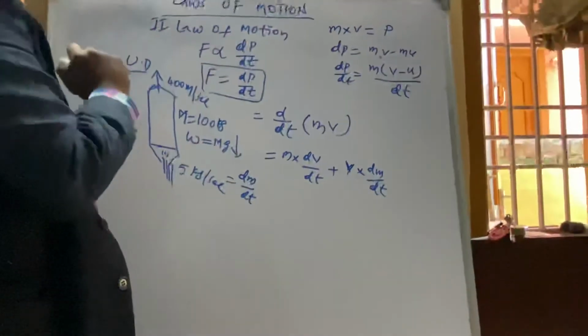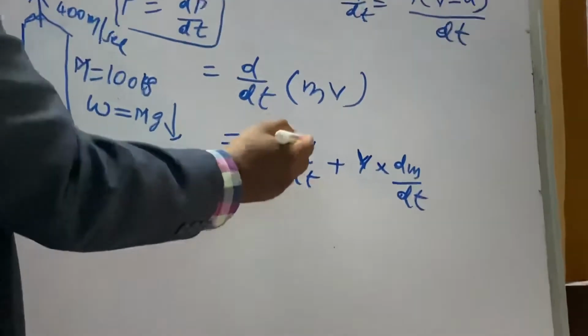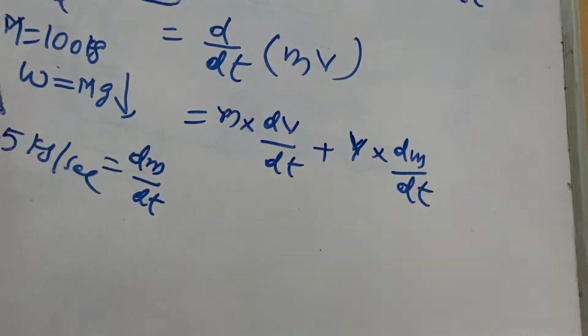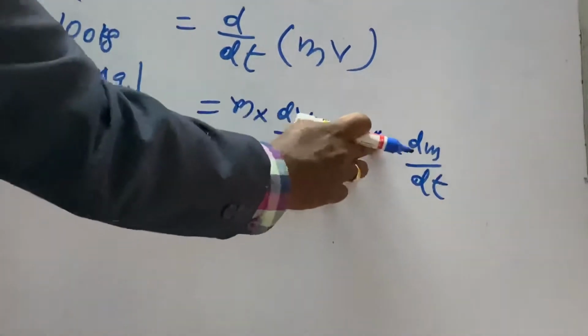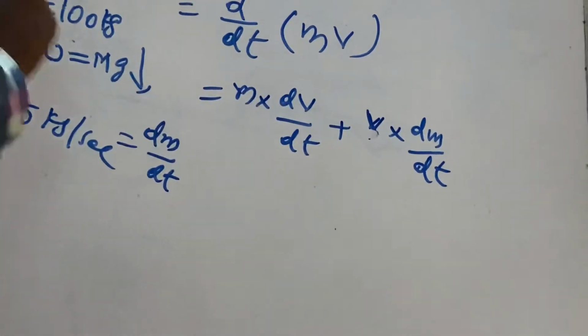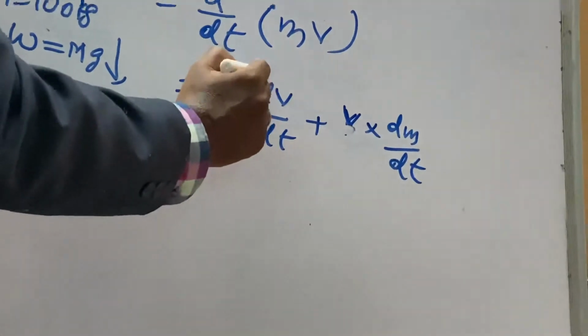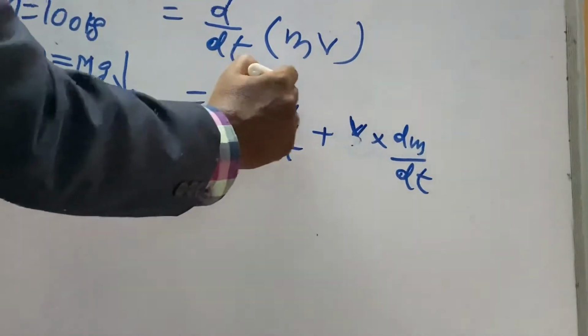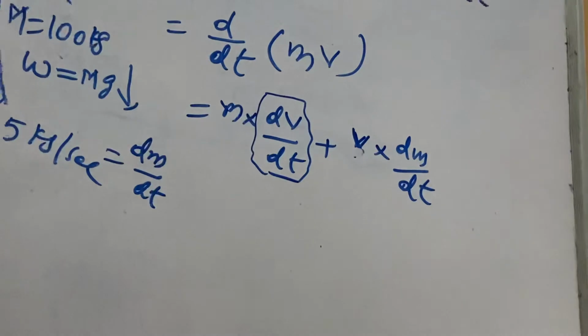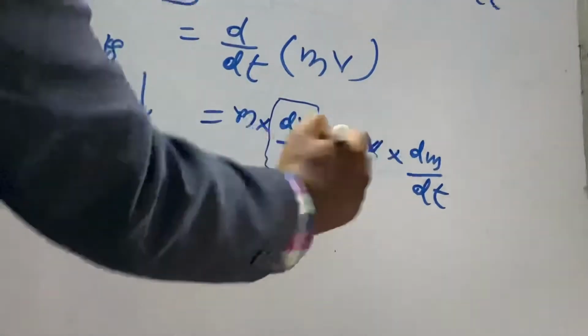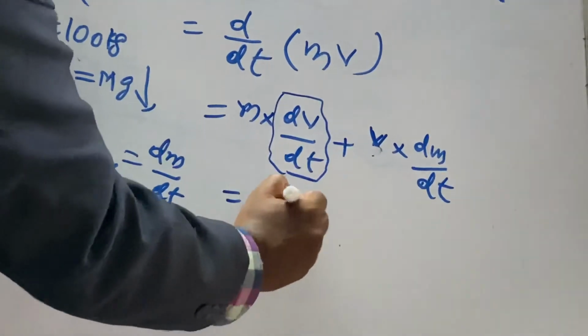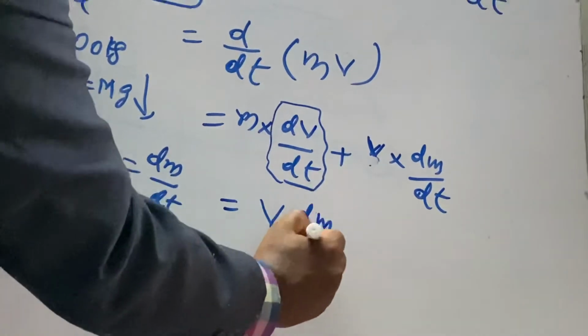With constant acceleration, the m dv by dt term is 0 now. So you remain with v dm by dt.